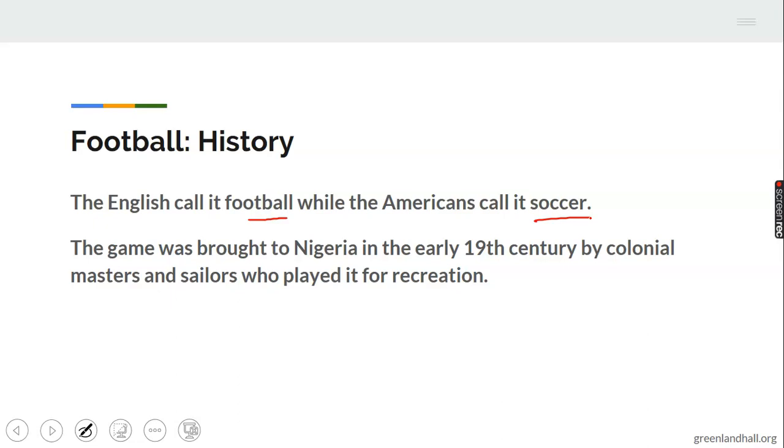Before Nigeria was in slavery, the white people came and enslaved the people of Africa and Nigeria too. They came into the country with the sailors too, who sail on ships, and they brought in this game for recreation, that is to ease stress and to make themselves happy after their day's job.